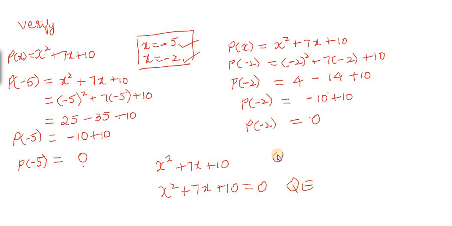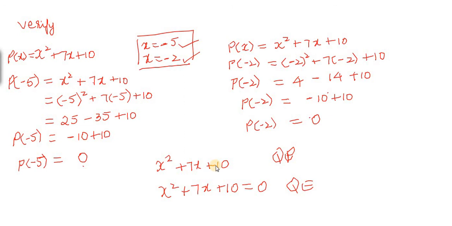The difference is that in a quadratic equation we always equate to some value, that is an equation. If we do not equate it to some value, that is a quadratic polynomial. If you want more clarification, go to the quadratic equation part 1 video, where I explained in detail.